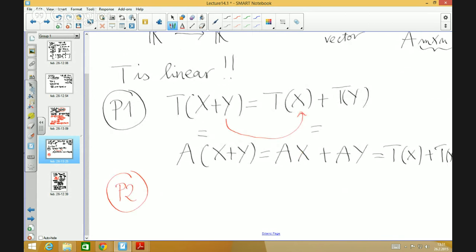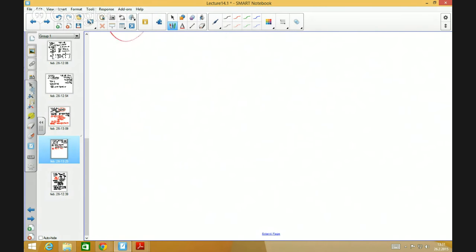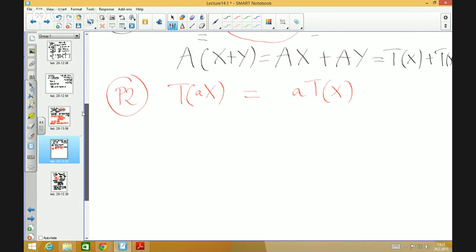Property number two. We want to argue that T applied to A times a vector x is equal to A times T of x. And this should be true no matter what A and x are. But hey, you know what I'm about to do? Press the extend the page twice.